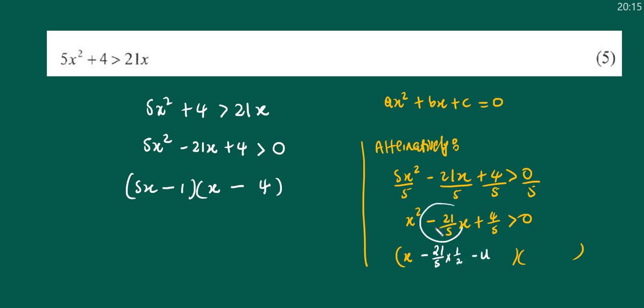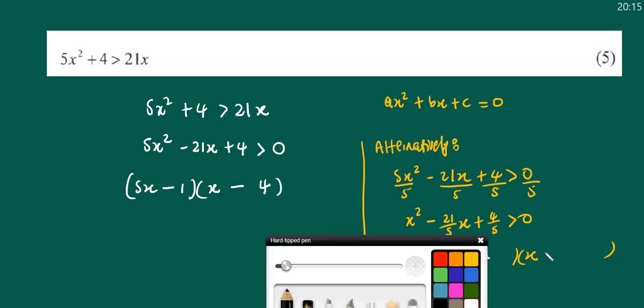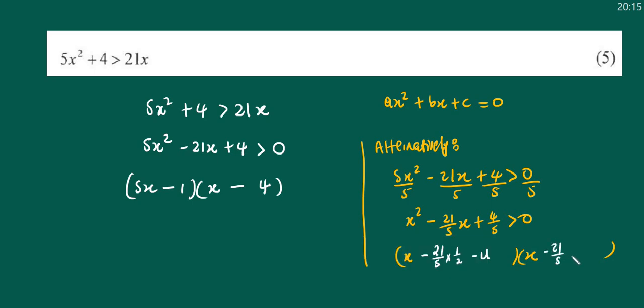You're simply taking this term and multiplying it by a half. Same thing on this side: x here, then negative 21 over 5 multiplied by a half again, then you simply say plus u.